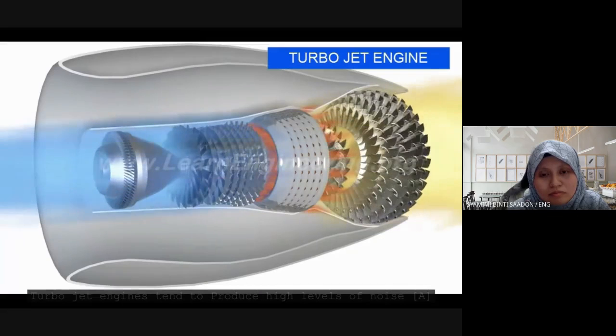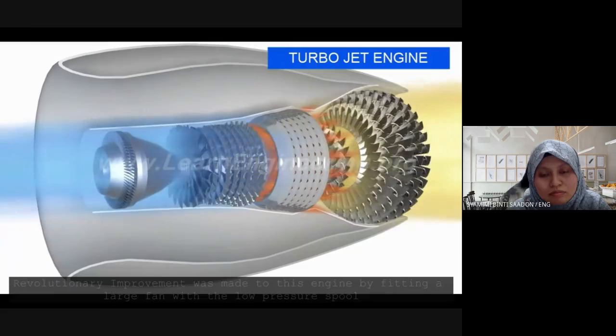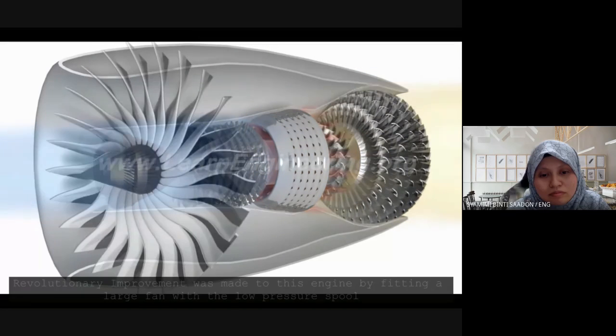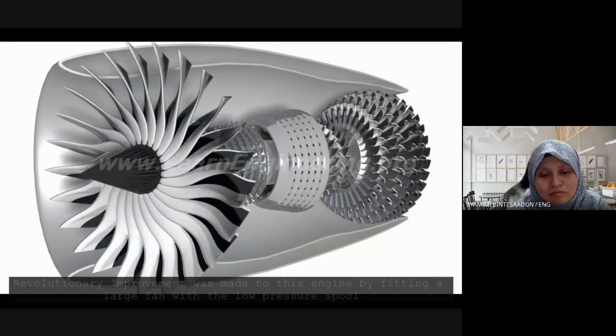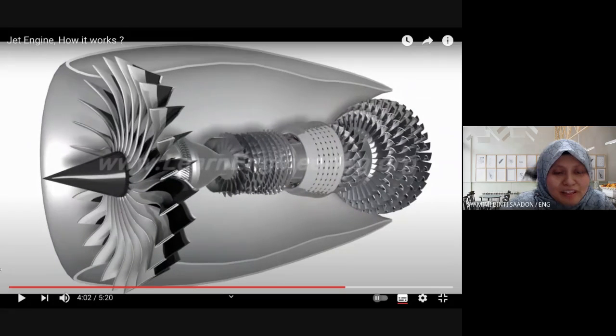Turbojet engines tend to produce high levels of noise. A revolutionary improvement was made to this engine by fitting a large fan with a low-pressure spool. Okay, this one he starts to explain extra. Two spool means we have two sets of high and low pressure compressor, high and low pressure turbine.